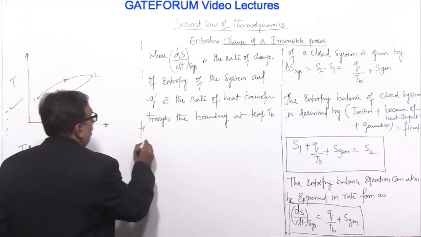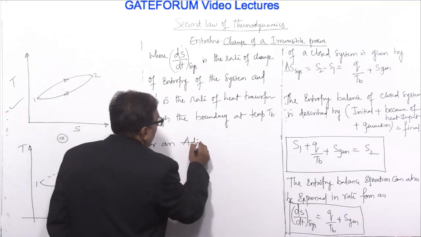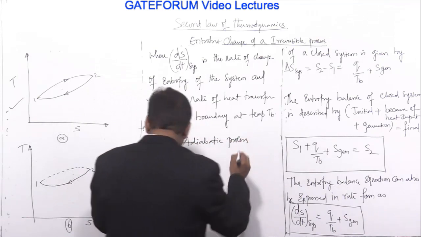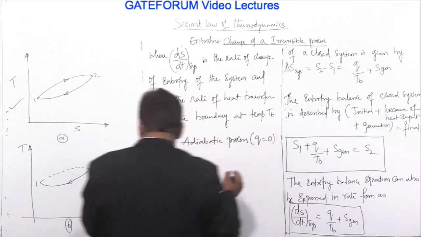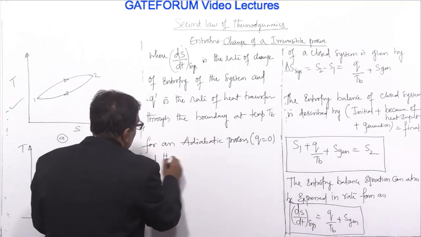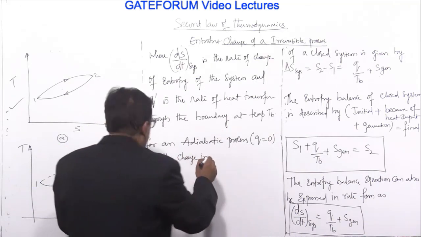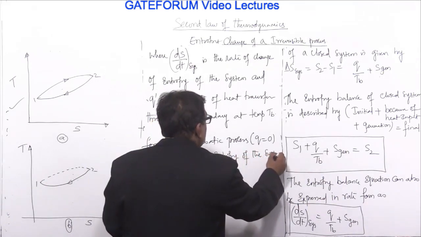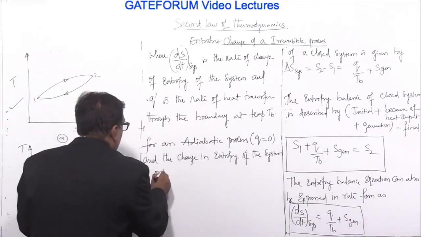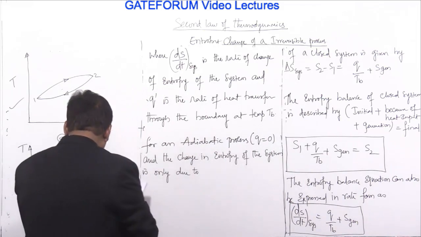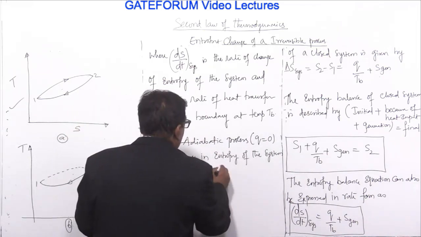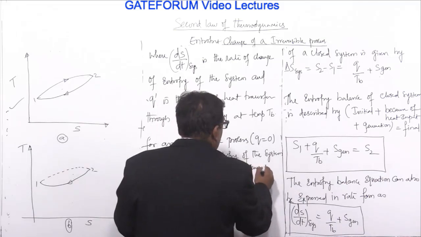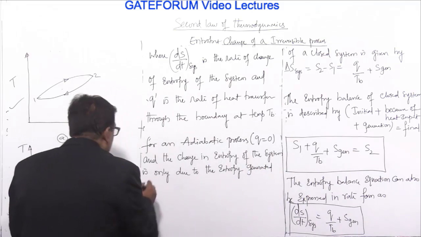Very interesting one here. For an adiabatic process, Q is equal to 0, and the change in entropy of the system is only due to the entropy generated inside the system.